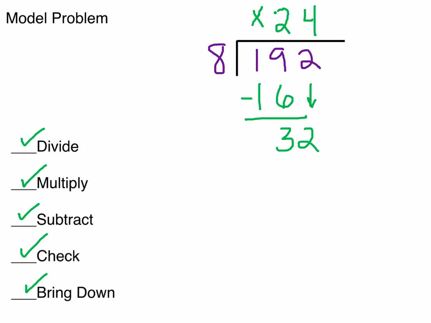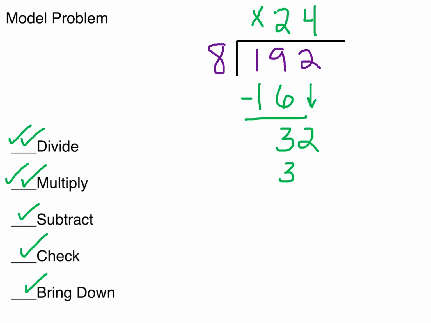So I've divided, and now it's time to multiply. But now I'm going to multiply the 4 times the 8. I've already multiplied this 2, so I don't want to do that again. But I know 4 times 8 is 32. So I will place my 32 down here.